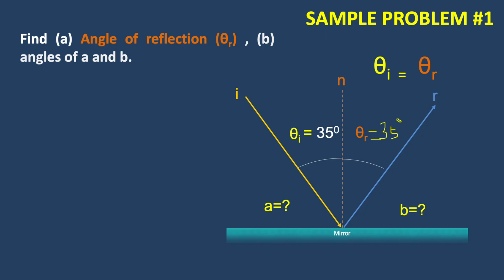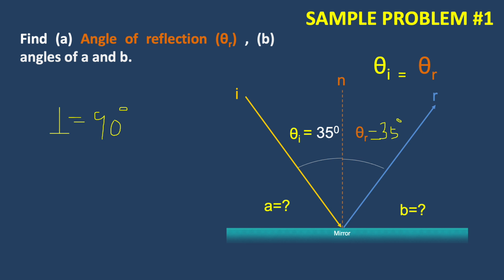Try to recall the previous lessons in your math subject. If you will notice, the normal line, the angle of incidence, and the angle of reflection are perpendicular to one another. When we say perpendicular, the angle is at a right angle or 90 degrees.